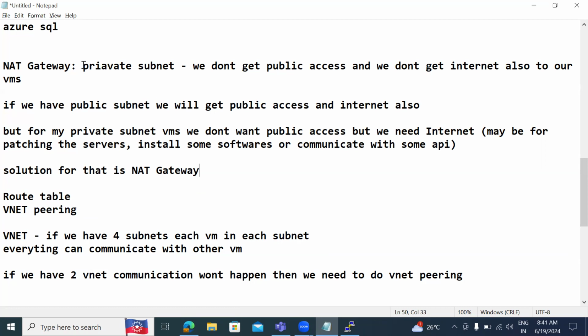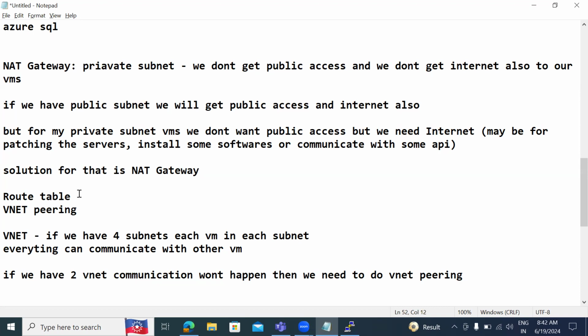Still, if they want to communicate with the internet, then we need to go for NAT gateway. How to create the NAT gateway, I'll say in the next part.